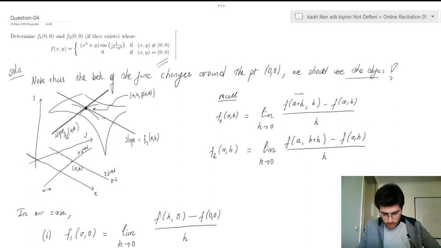Using this f1 and f2 and the direction vectors of those lines, we span a certain plane in which all tangent vectors attached to that specific point sit, and this plane is called the tangent plane at that point.